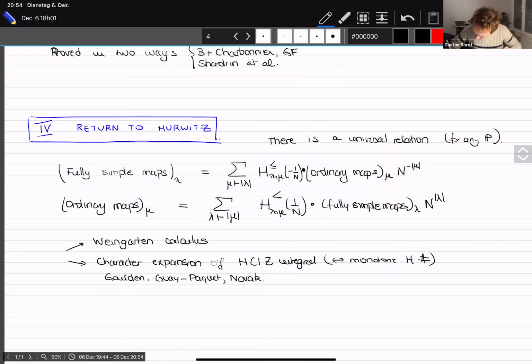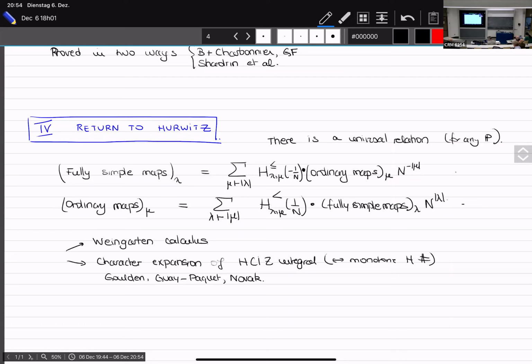So it means that you can go in one direction, but since the operators in the Fock space that create these weakly monotone or strictly monotone are inverse to each other up to a change of sign in the parameter, once you know one of these relations, you automatically know the other. These two matrices are somewhat inverse from each other.